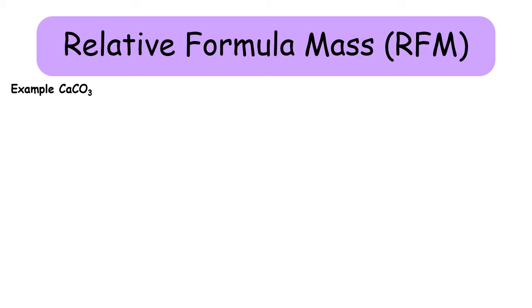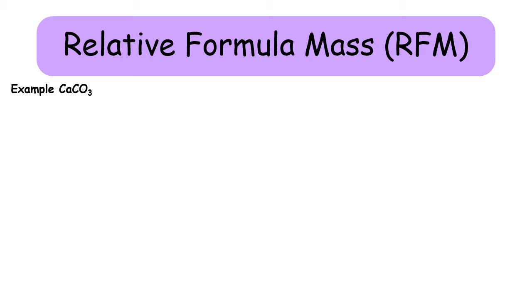Right, another example, I think this is our last example, is calcium carbonate, or CaCO3. Now remember, each capital letter is the start of a new element. So we have a capital C in Ca, then we have a capital C, and then we have a capital O. So there's 3 elements, remember.